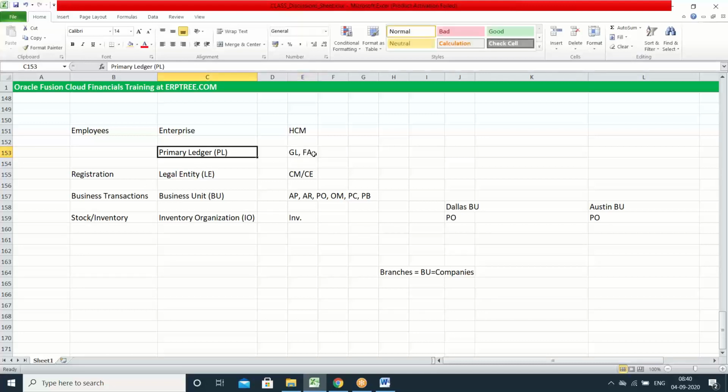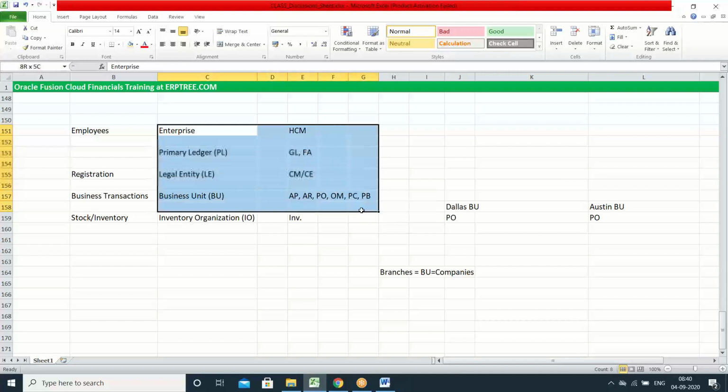So fixed assets we don't maintain business unit wise. In reality that should be maintained business unit wise, but as per the solution, we maintain the assets ledger wise. These are the points we have to understand.